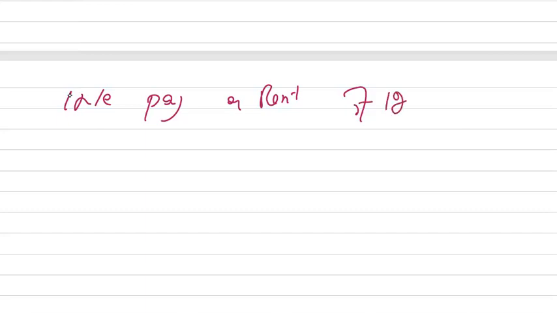So let me write one more example with a prepayment and one for the accrual to make sure this concept is 100% clear. Let's say we pay a rent of 1200 in advance.